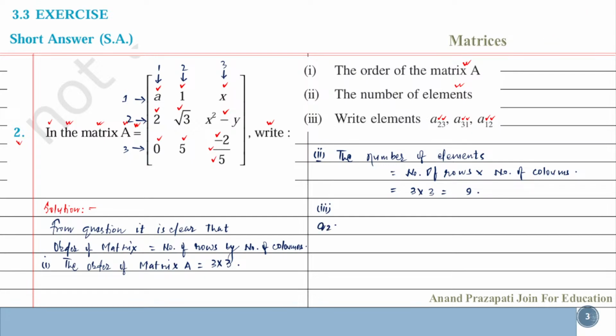A23 means the element of the second row and third column.